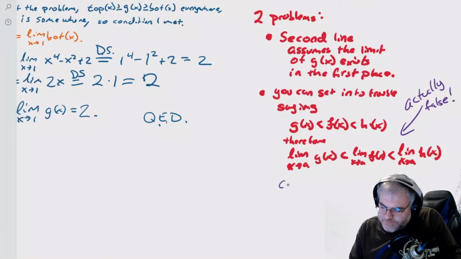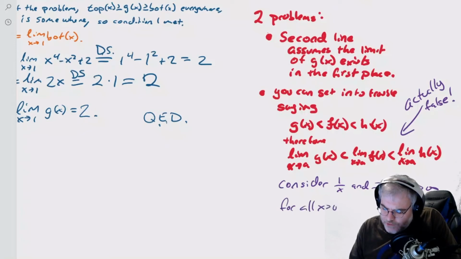Consider this: 1 over x and negative 1 over x as x goes to infinity. It is always true for all x greater than 0 that negative 1 over x is less than 1 over x.